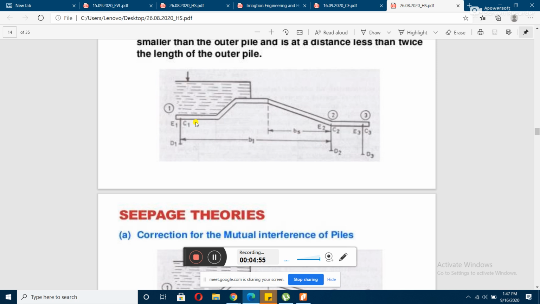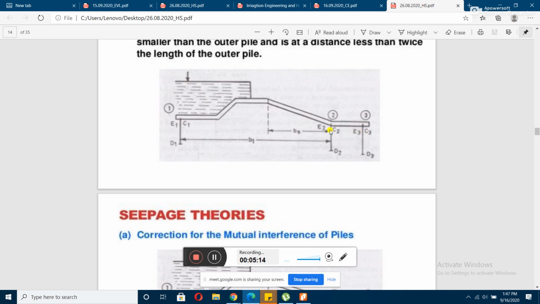And if your influential pile is situated on the upstream side of your affected pile, then it will be a negative correction. So the correction of E3 will be a negative correction. Okay.